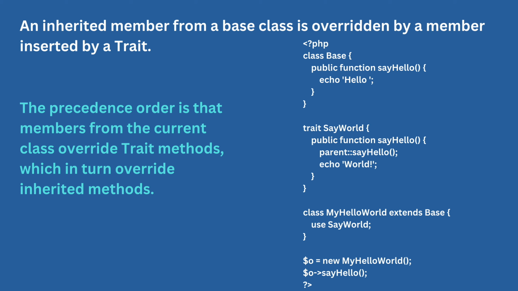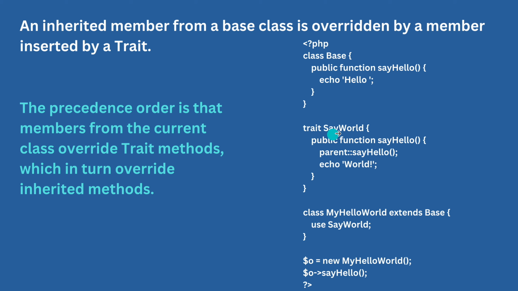Now see something. Here is the base class, right? And there is only one method in this class, sayHello, echo Hello.